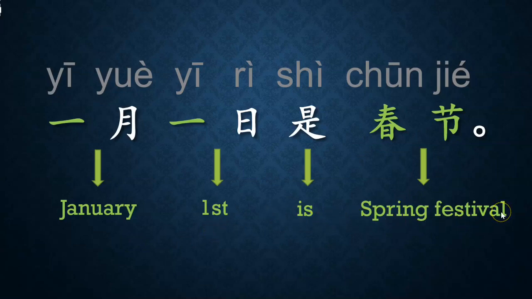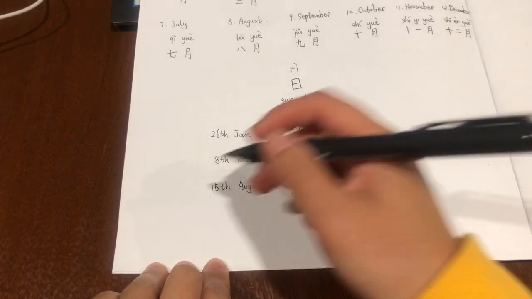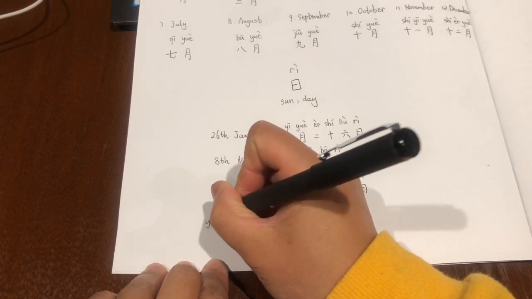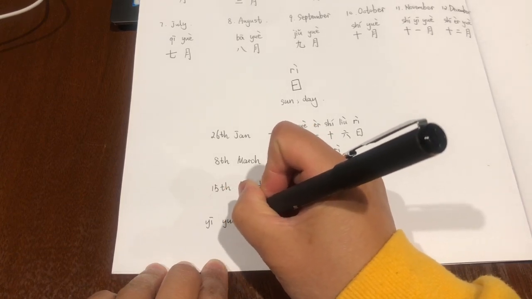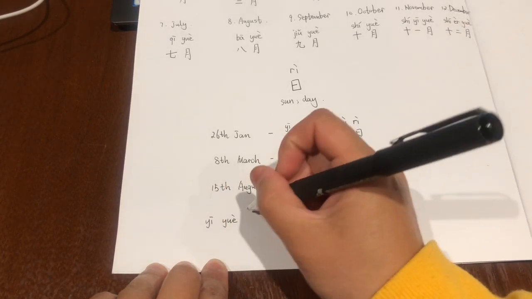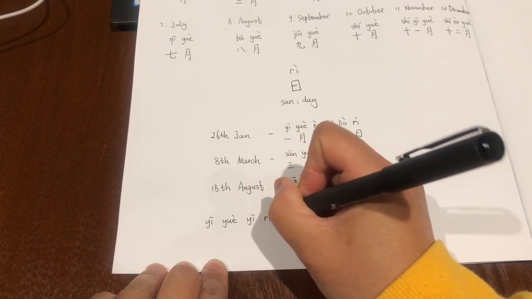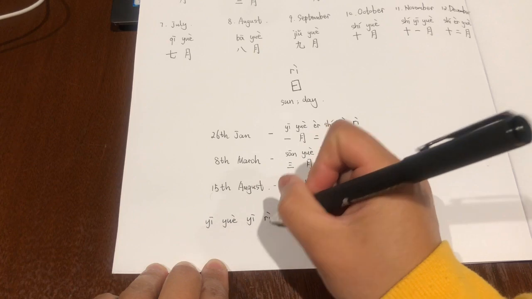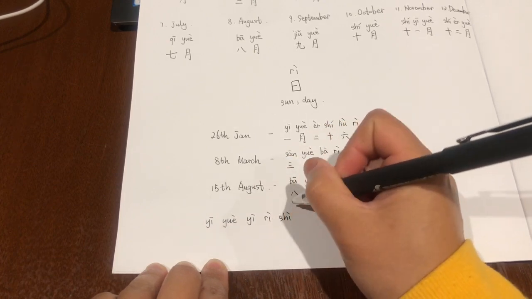Okay? Now, let's write down this sentence together. So firstly, we do 1月. 1月, January. 1日, the first. 是, which means is.